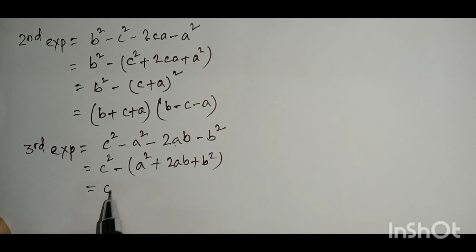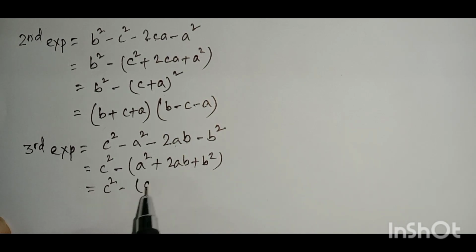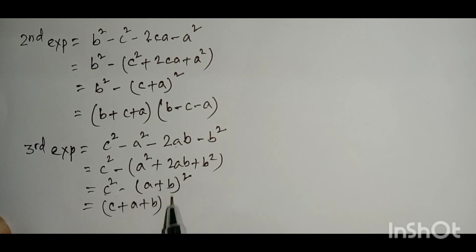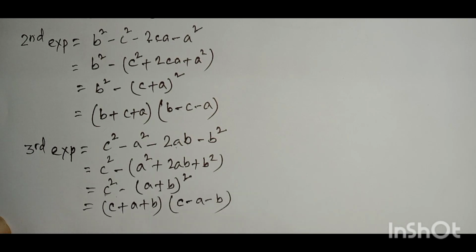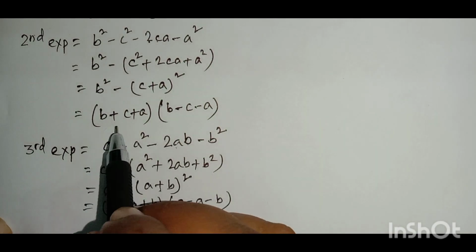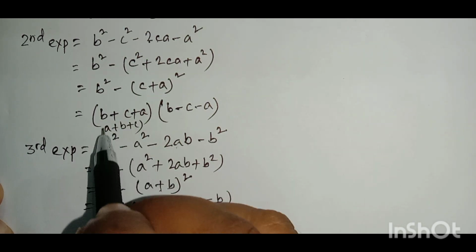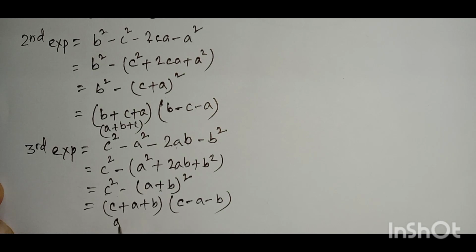From here I get c square minus this whole thing, which is (a + b) whole square, and now comparing to a square minus b square, I get (c + a + b), and here I get (c - a - b). And if we check carefully, this is also equal to a plus b plus c, and this is also equal to a plus b plus c.